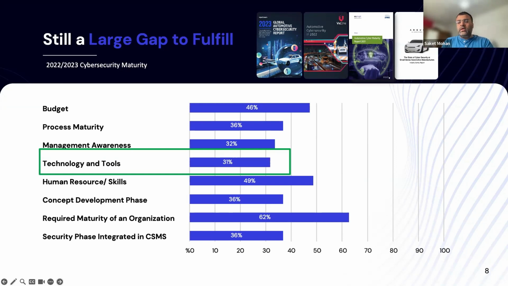These numbers are a true reflection of the status quo of the industry, particularly if you look at the technology and tools availability. It is still very sparse, and these numbers are true till 2023. I mean, this is December 2023, so we are only 4 or 5 months ahead. So 31% of the participants who participated in all the four surveys as listed above, there is still a large gap to fill this space of tools and technology.